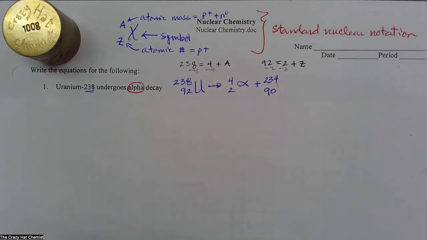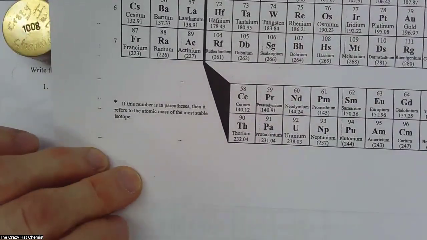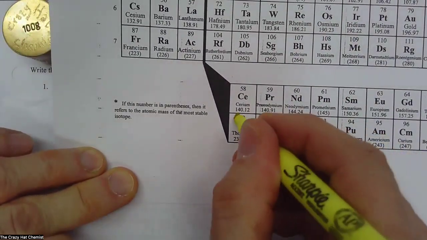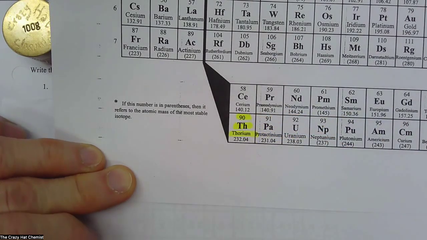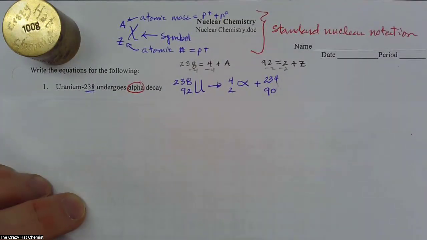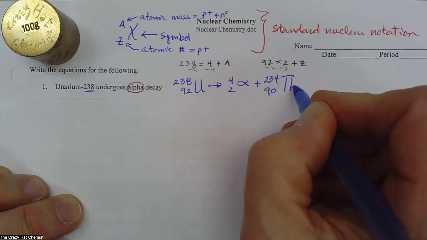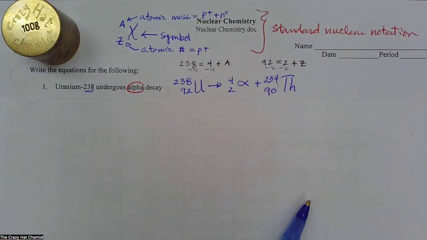And so we're going to look up element number 90, and we're going to find 90 in our periodic table. Let's highlight that. That is element number 90. It is TH, and that's thorium. So I'm going to write the symbol capital T, lowercase h, and that will be thorium, TH. All right, fantastic.